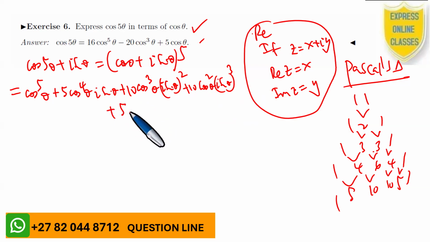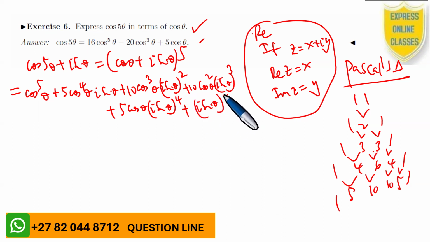Plus 5 cosine theta, i sine theta to the 4th power. i sine theta to the 5th power.